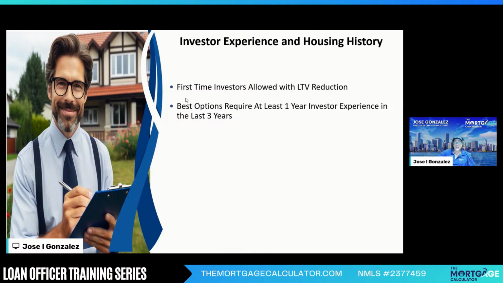This is a great niche that I recommend everyone add to their niches of loans that you want to originate. Don't stay just inside the box and want to originate just agency loans or just bank statement loans, but get out there because when you do find the investor that is interested in one of these loans, they don't really have that many options to go to.